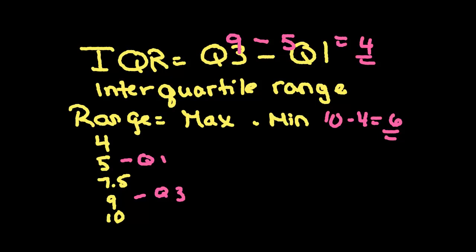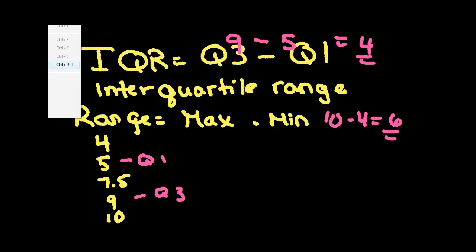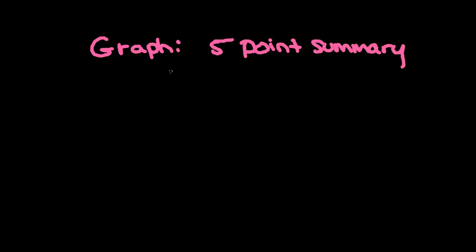I hope this helps you understand not only how to graph box plots with the 5-point summary, but understand the concept of each line and box, meaning 25% of the data.